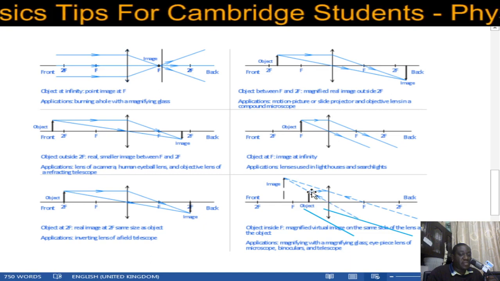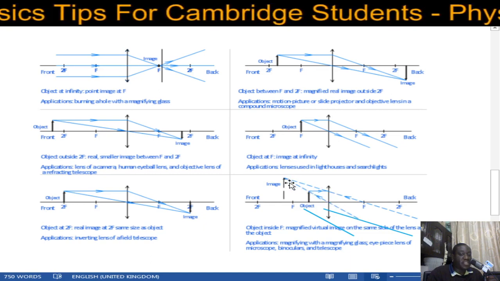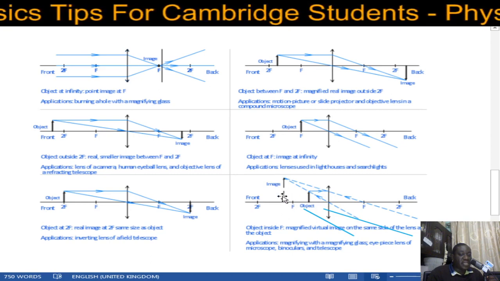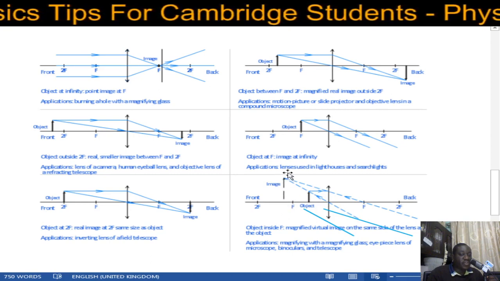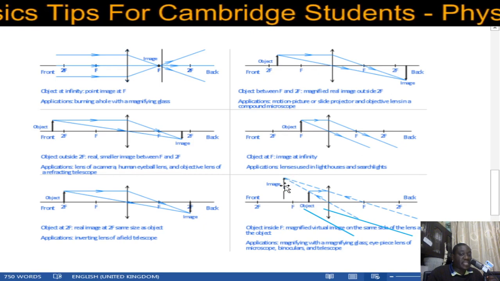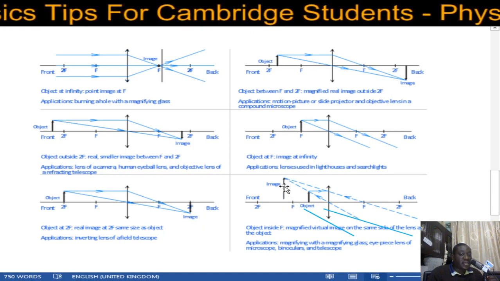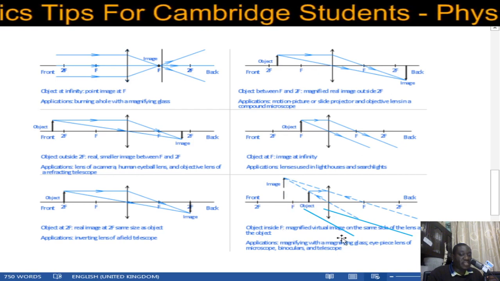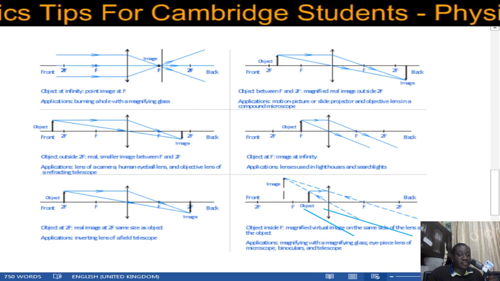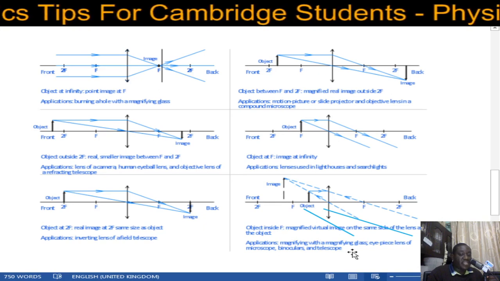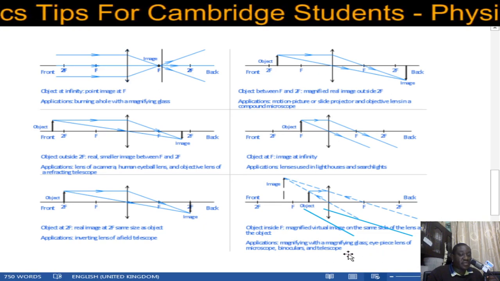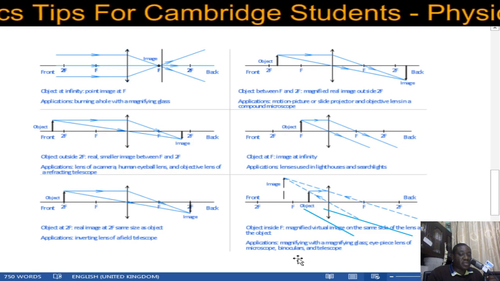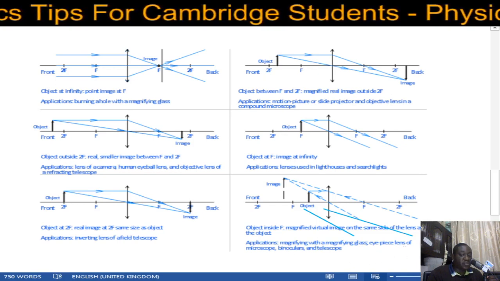So these have to be broken lines that cause the convergence behind the object. As you can see, the image is not inverted, it is upright, and it is virtual, and it is magnified. In other words, it is enlarged. Then applications: magnifying glass or eyepiece lens of microscope, binoculars, and telescope.